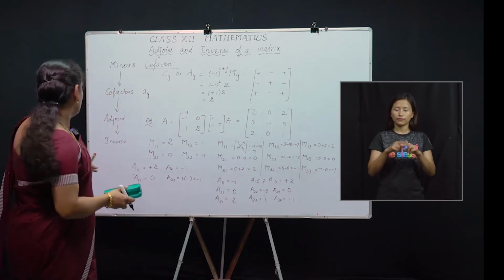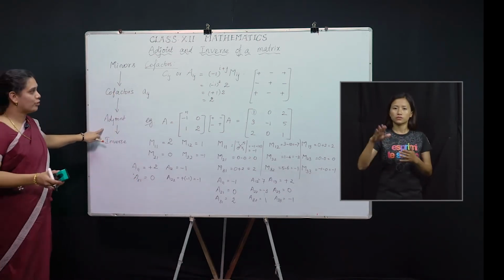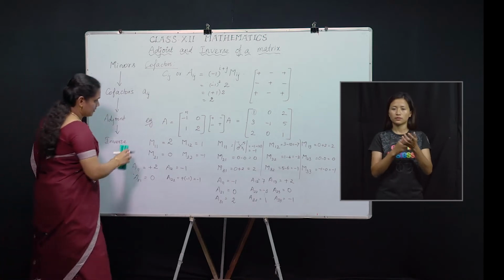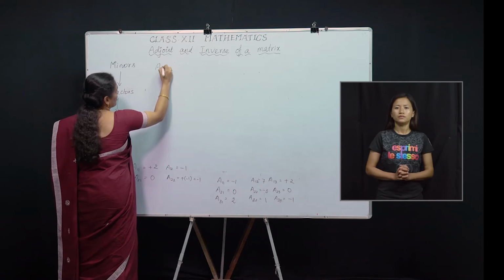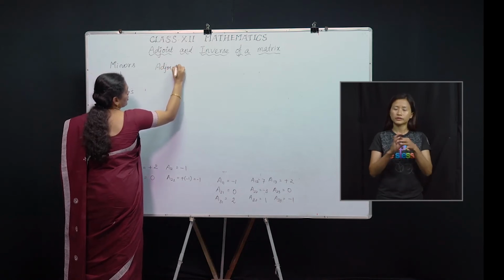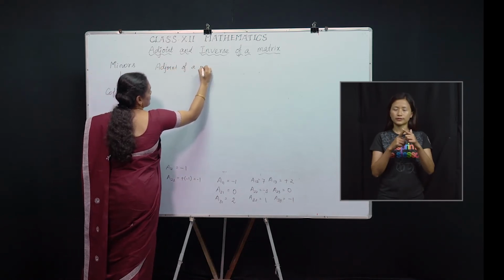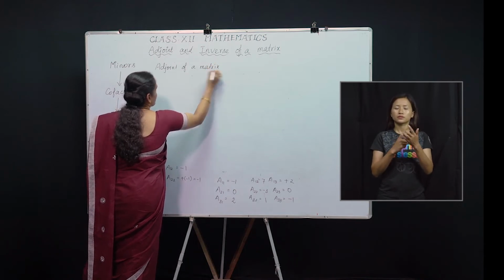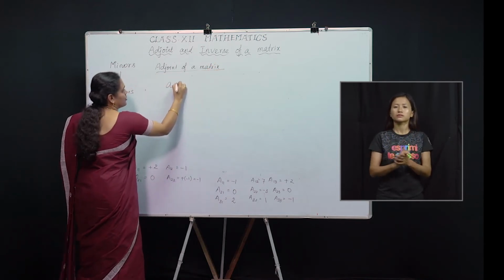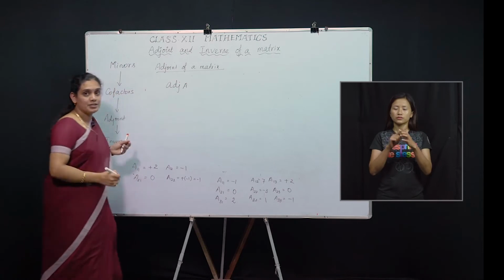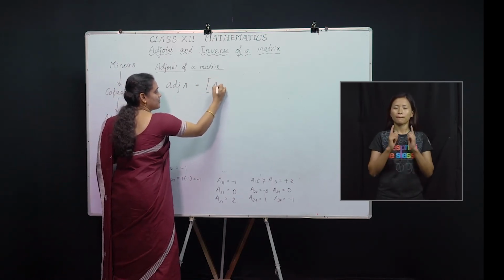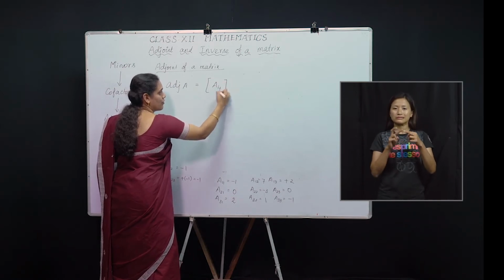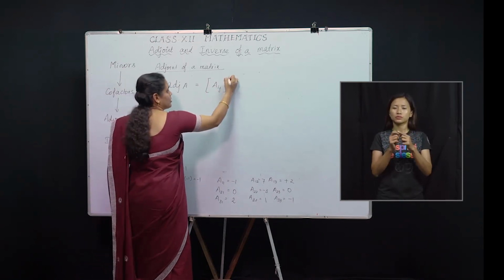Okay, then we will go to the adjoint of a matrix, right? Adjoint of a matrix is denoted by adj A. It is nothing but the transpose of the cofactor matrix.